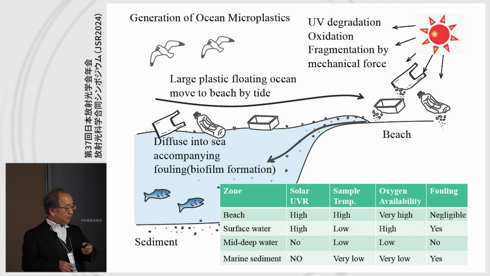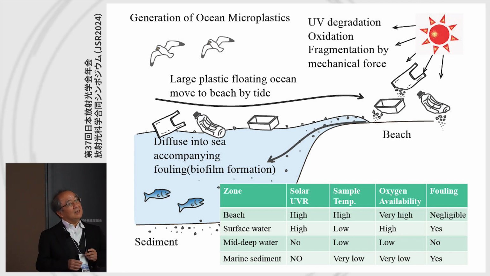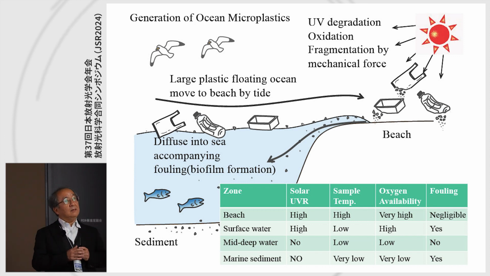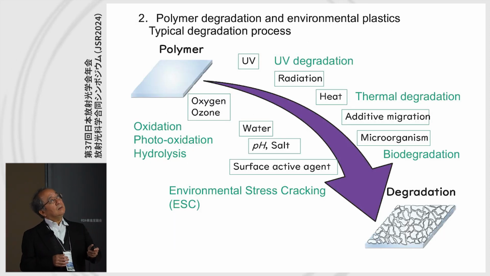So this is a very complicated scheme, but there is little scientific research. So we try to characterize this behavior by advanced analytical techniques using synchrotron radiation. I'd like to discuss polymer degradation and environmental plastics.